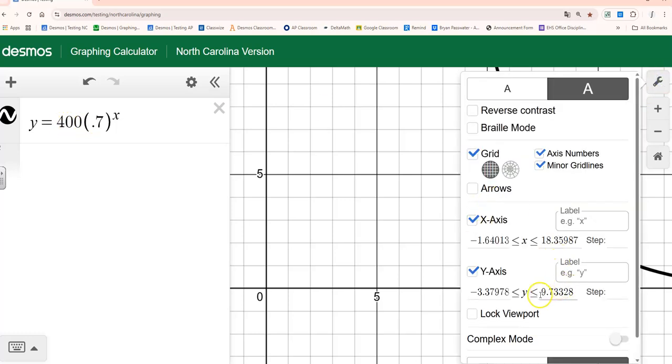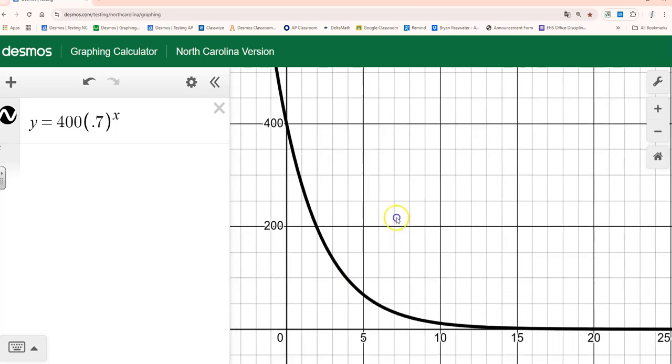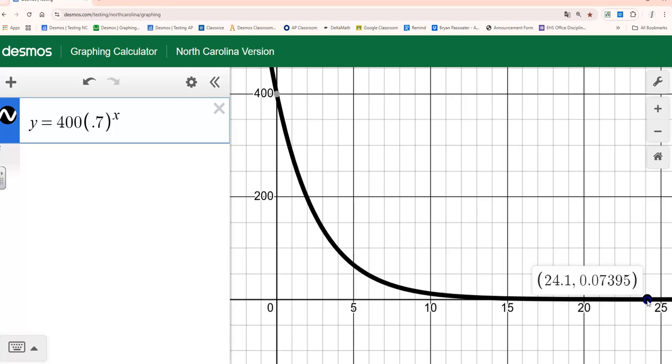So I need my y-axis to go up to 400. So if I adjust that, I can get a graph that I can see better. So if I look at this graph, theoretically, is the medicine ever gone? Theoretically, no. Because out here, even 24 hours out, I still have 0.07 milligrams in my system.